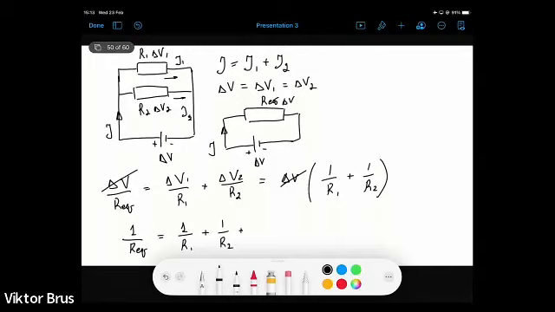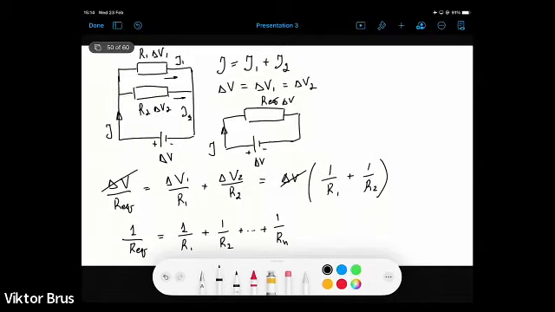If we have more, then also plus 1 over Rn. So here we have two rules, and we showed how we derive these equations based on general assumptions about electrical circuits with resistors connected in series and resistors connected in parallel.